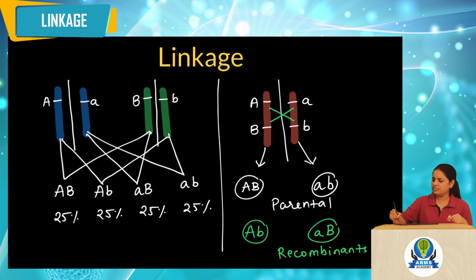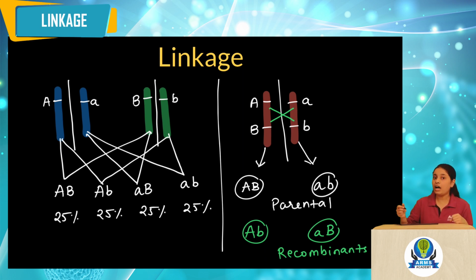Now, the question is, in the first case, all the four types of gametes are in equal amounts. What about here, in case of when the genes are present on same chromosome? Crossing over chances are rare, especially if the two genes are very close to each other.